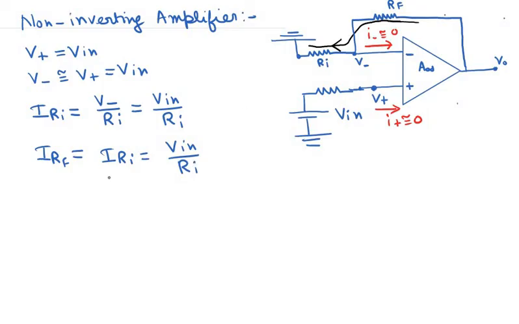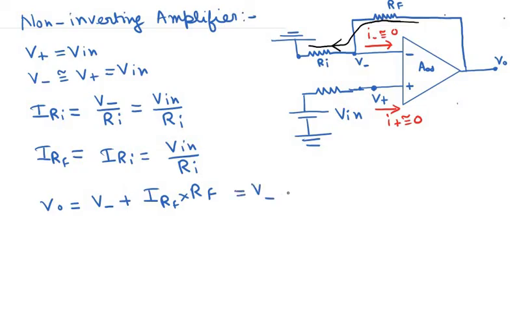Okay, now this output voltage V0 is basically equal to V minus plus IRF into RF. Okay, why this is plus here is because the current is actually now flowing in reverse direction, so current is flowing through this resistor RF in this direction. That is why we have actually added this plus term here.